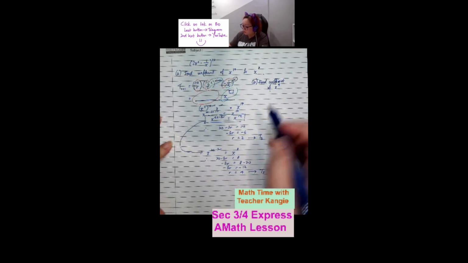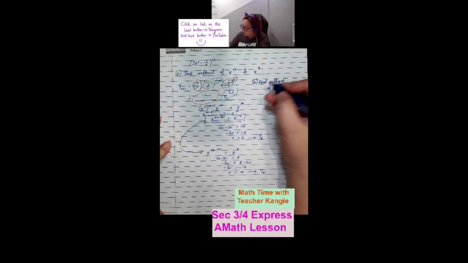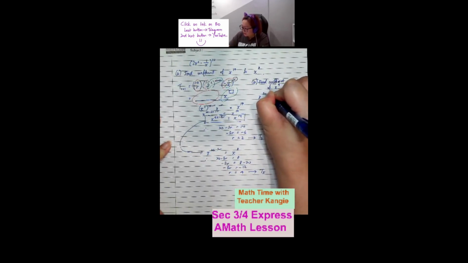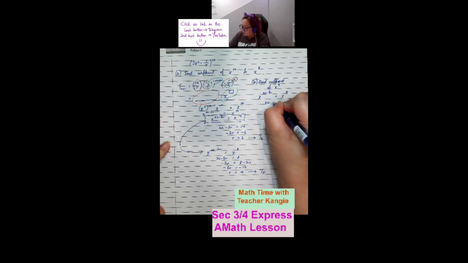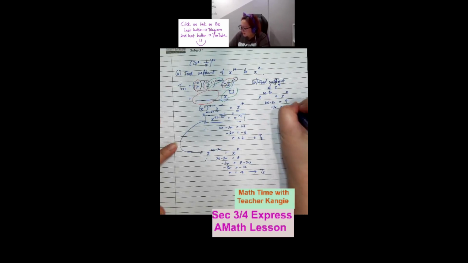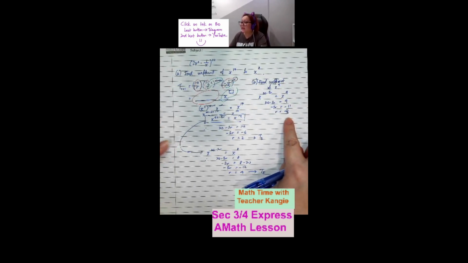Then I don't have to repeat the whole thing. I just do the same thing. I just do, okay, x to the power of 20 minus 3r equals x to the power of 9. Then when I do my 20 minus 3r equals 9, minus 3r equals minus 11, then I get r equals 11 over 3. So I don't get a positive integer, correct?